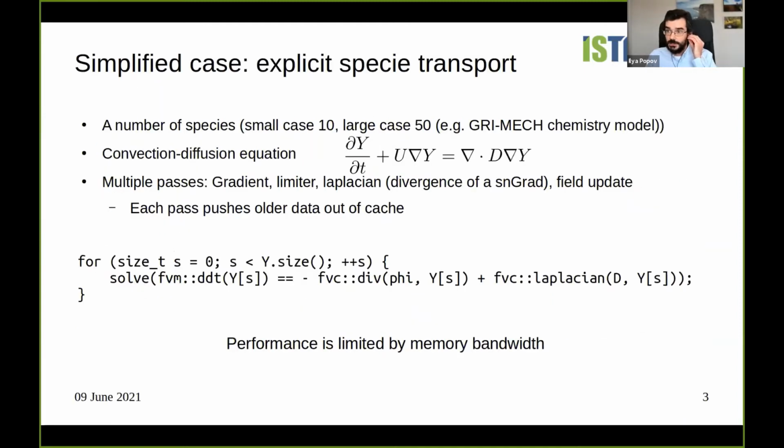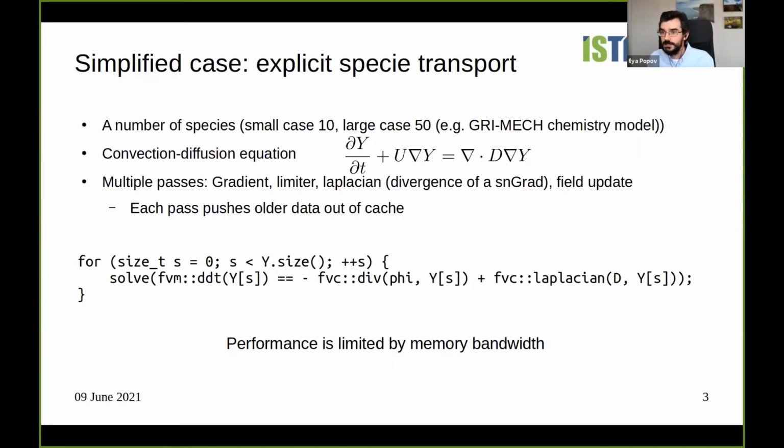So this is our simplified demonstration case. We will solve a convection diffusion equation for a number of species, like 10 or 50. To do that the OpenFOAM way, there will be a loop over species, and for every species we will call the usual solve function with the equation.